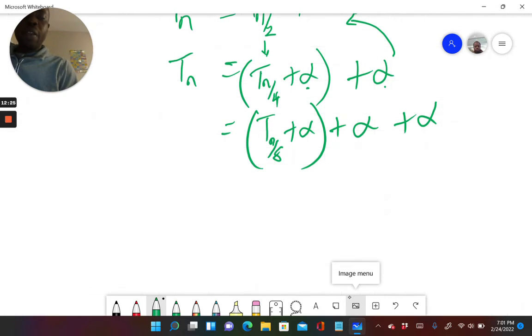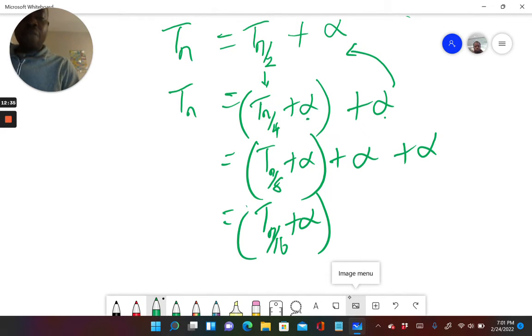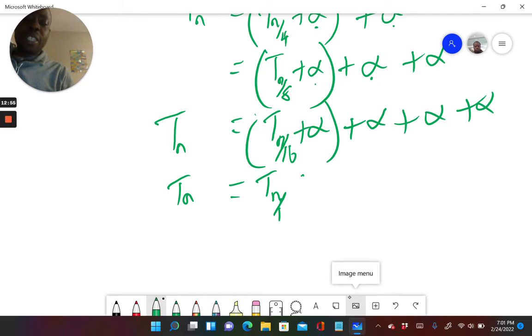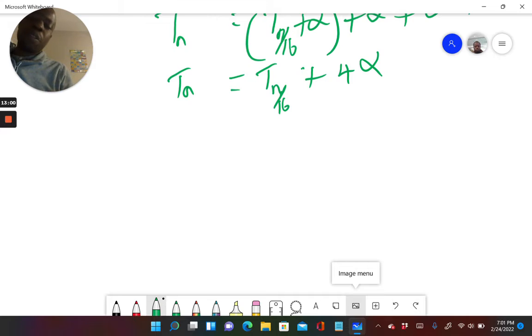You continue that way, your T(n/8) becomes T(n/16) plus alpha here, then plus alpha here, plus alpha here, plus alpha here. That's how you continue. Remember at the left side here, you have your T(n). Generally, you discover that your T(n) here is T(n/16) plus 4 alpha. See that? Plus 4 alpha.